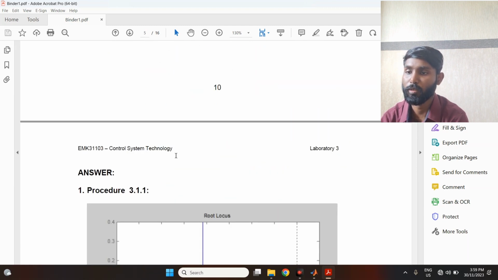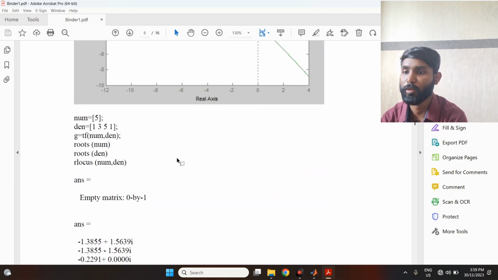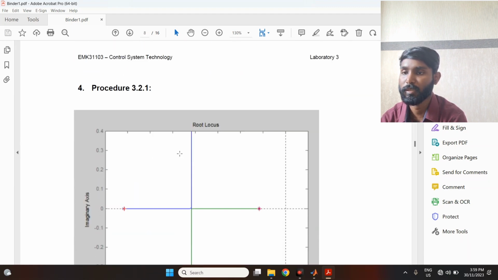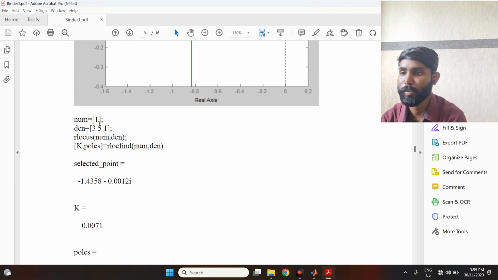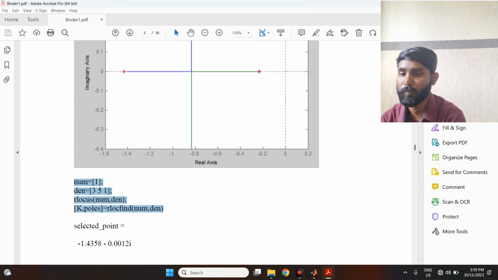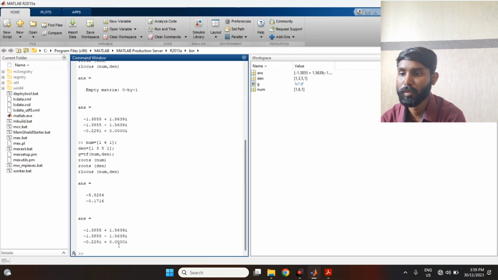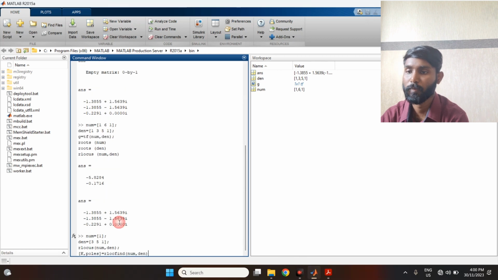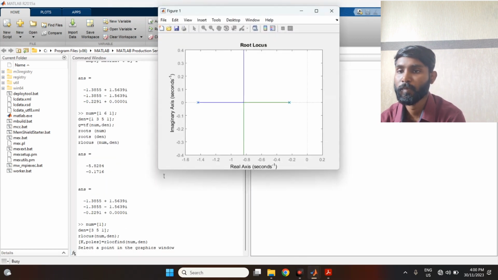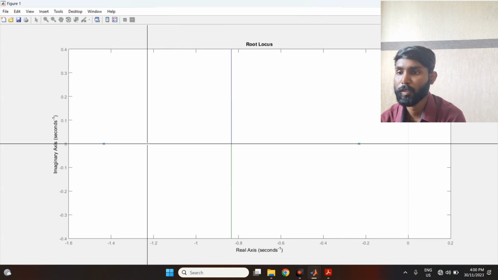If we convert it into code, it looks like this: numerator 1, denominator 3, 5, 1, rlocus, numerator, denominator, k, poles, rlocfind. Okay, this is the root locus.